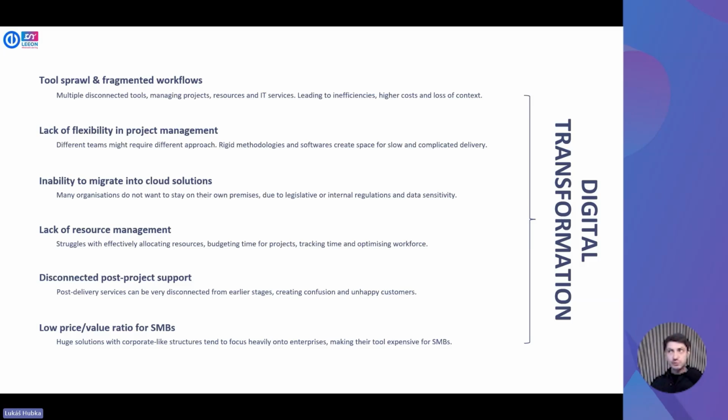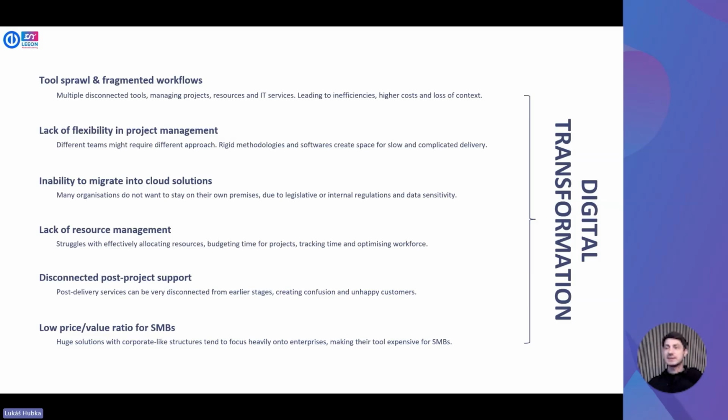So it's tool sprawl and fragmented workflows, where you have too many software tools and at some point you don't know how to work with them. The lack of flexibility in project management, where you feel like you need to adjust to a software rather than make the software adjust to your company. Inability to migrate into cloud solutions, because there are so many organizations out there that simply cannot go to cloud because of regulations, legislations, or just some fears of security.